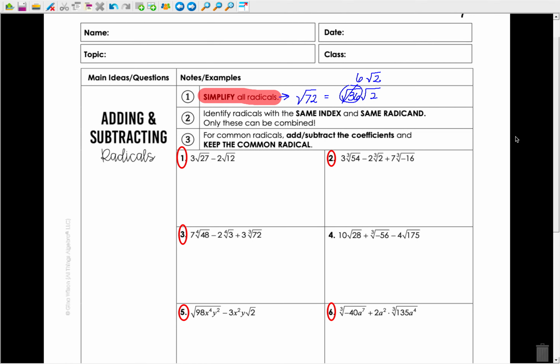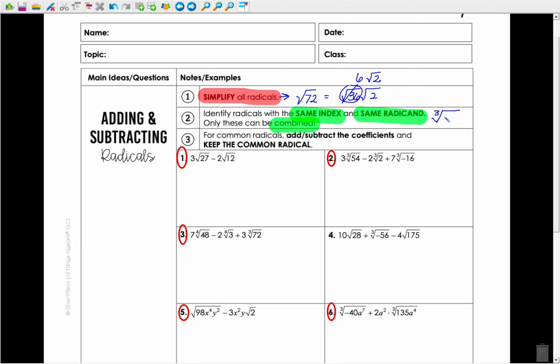The next thing says that you are going to identify the radicals that have the same index and the same radicand because only those can be combined. What that means is the index, meaning the number that's on the outside of the radical sign, and the value that's inside of the radicand have to be the same.